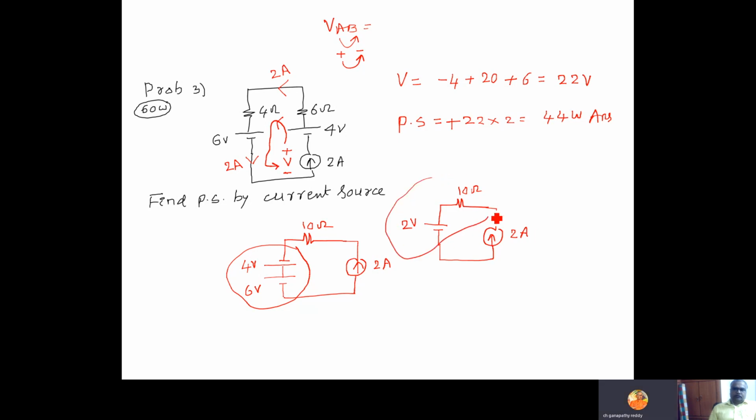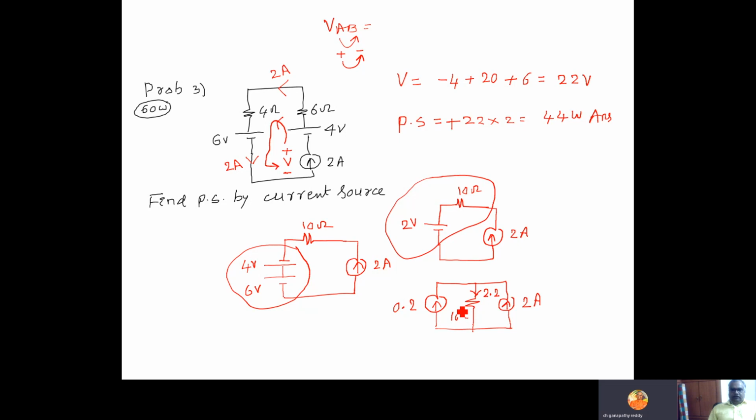Now change this into a current source. 2 by 10 is 0.2. And this 10 is parallel. This current of 2 amps, then this is 10 ohms. This is giving 2 amps, so this is 0.2. So what is the net current here? 2.2.